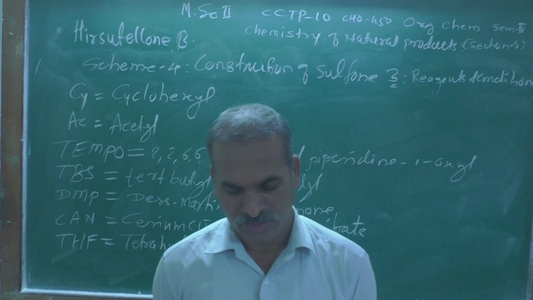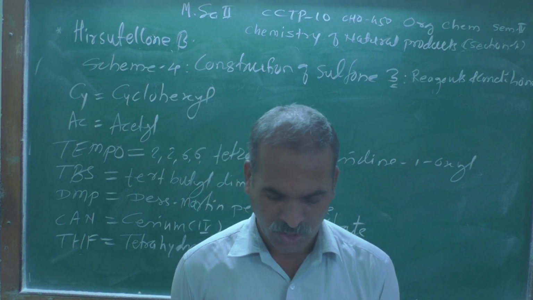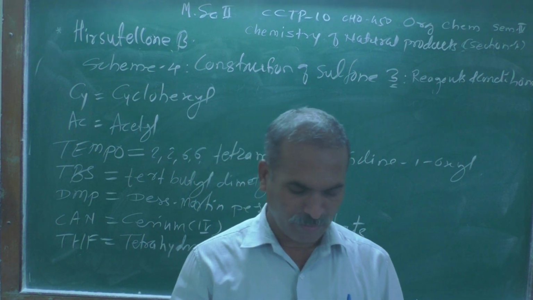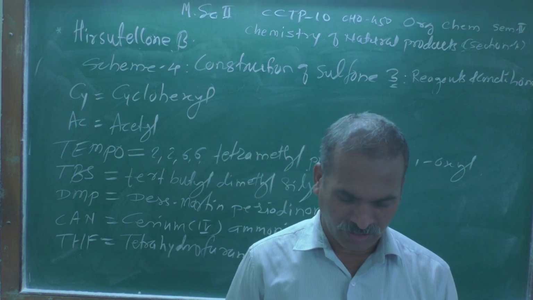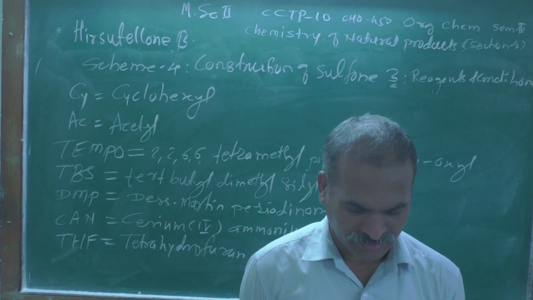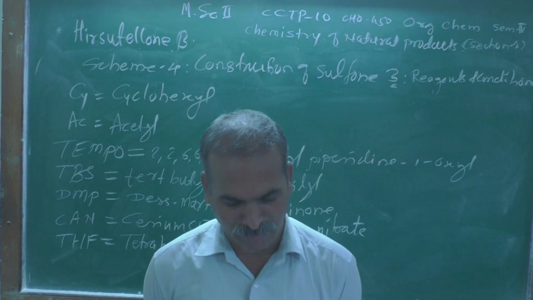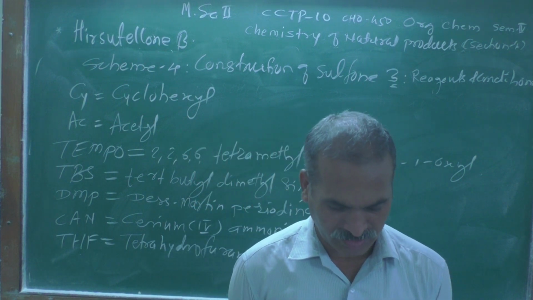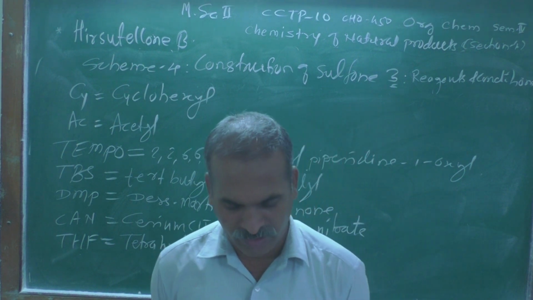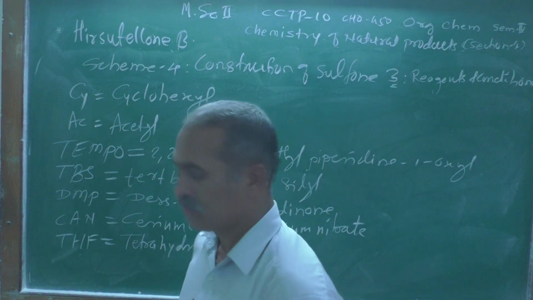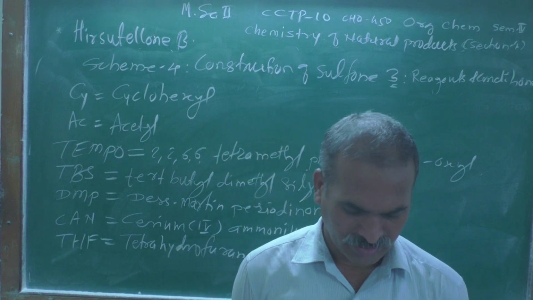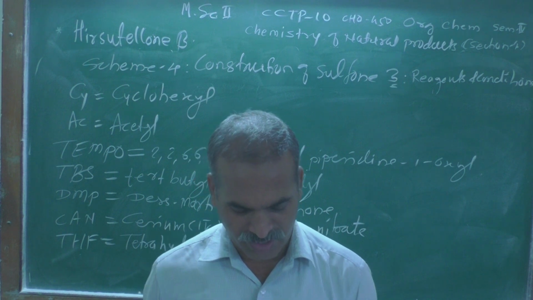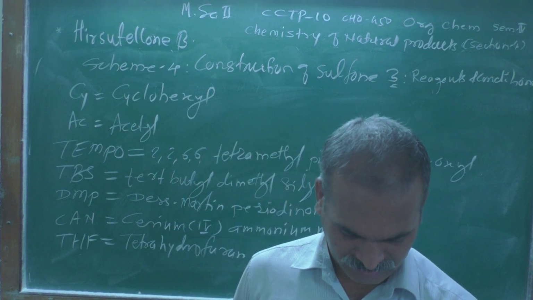With the 14-membered macrocyclic sulfone 3 in hand, its contraction to a 13-membered macrocyclic olefin and additional functionalization to give hirsutolone B, 1B, became possible as demonstrated in scheme 5.